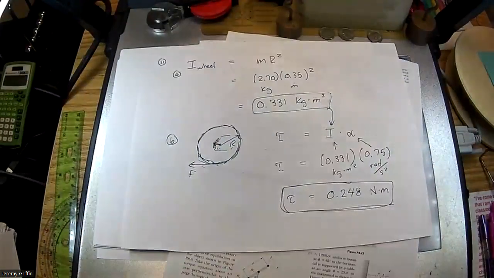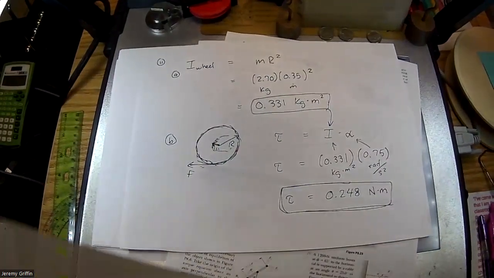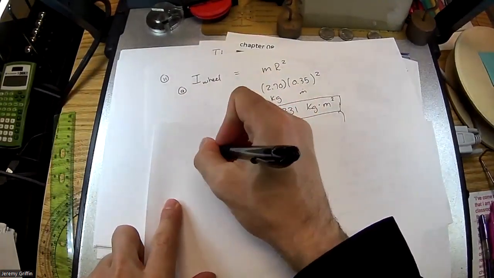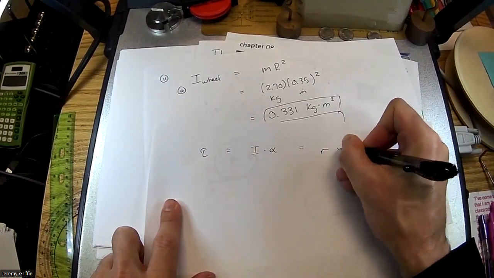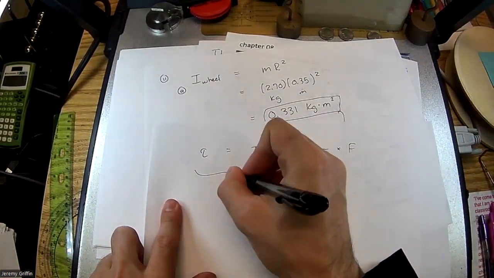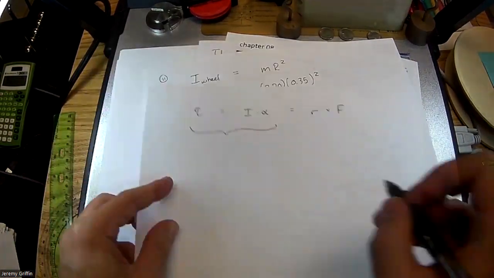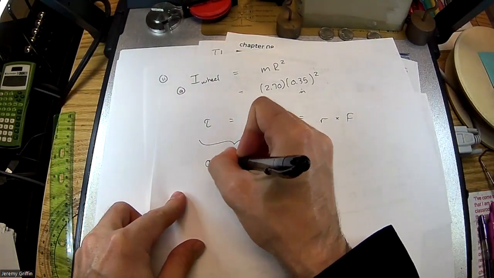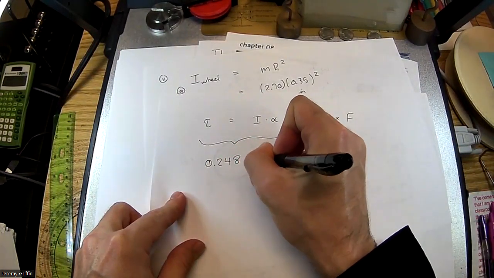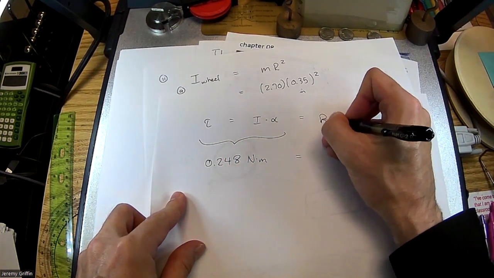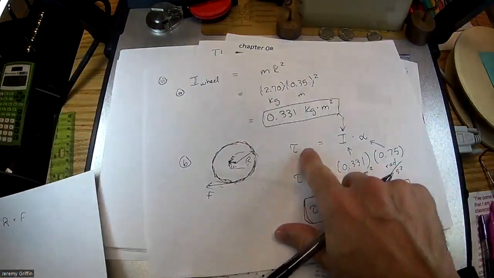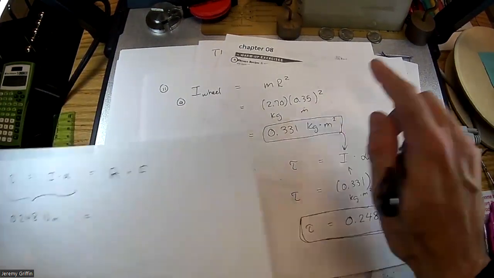So I need more paper. Torque equals I times alpha. That's also equal to R cross F. And this we figured out already is 0.248 Newton meters. The radial size, capital R, a fixed R, was given as 0.35 meters.